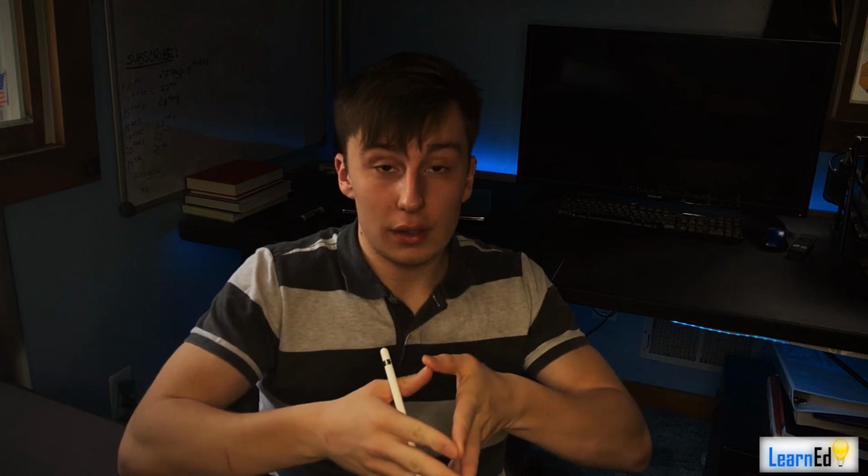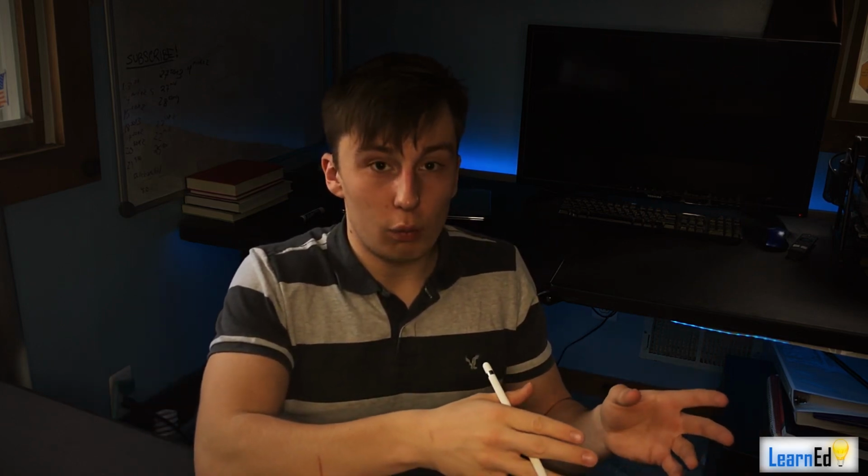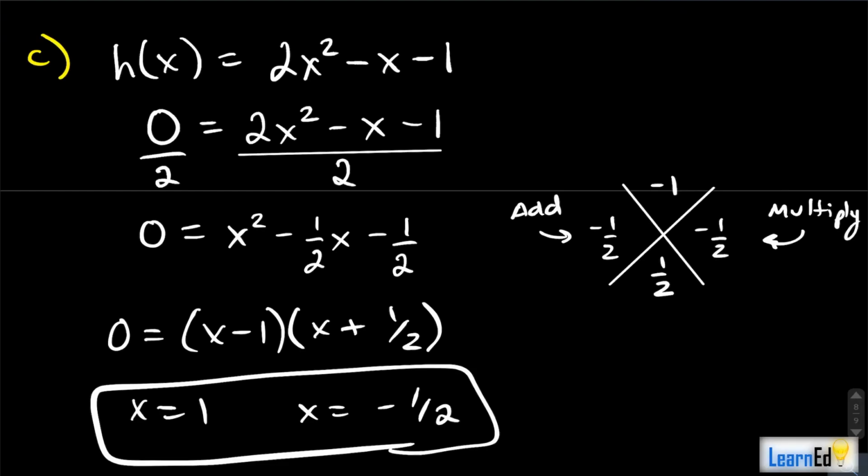That's what the y-intercepts are. We just plug in 0 for x. That's exactly how we find the x-intercepts, except there we're trying to find where y is 0. Now we're trying to find where x is 0, so instead of plugging in 0 for y, we plug it in for x.